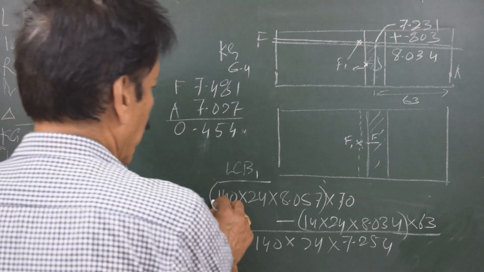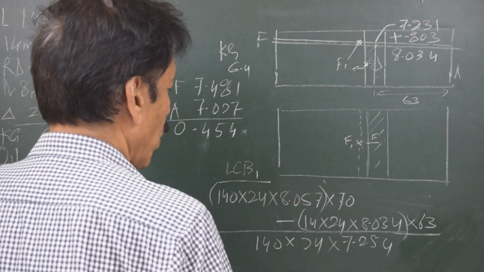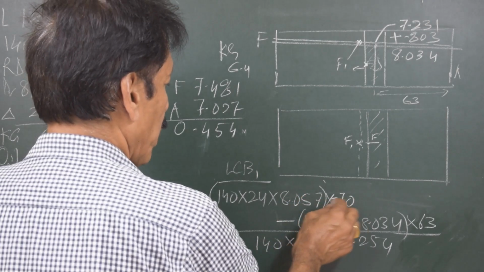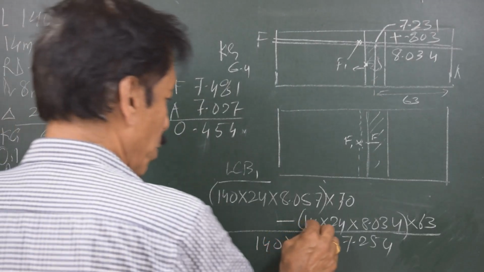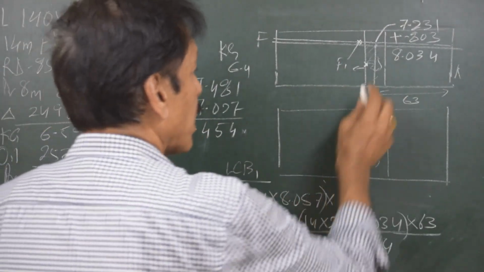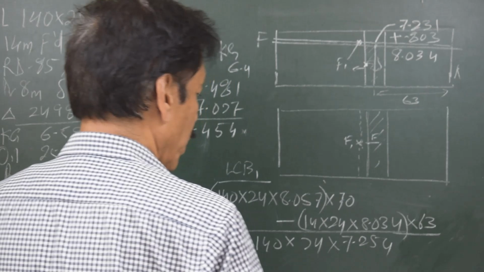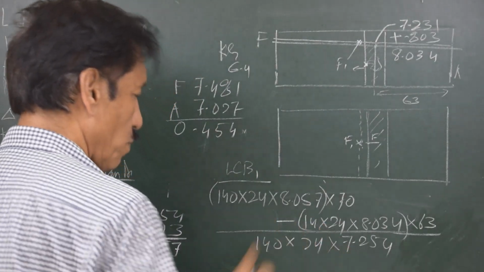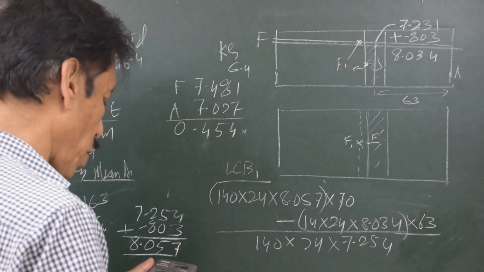So we have taken the moment of the whole underwater volume up to mean draft 8.057. That would be multiplied by 70, but we need to remove this lost or wasted underwater volume from the compartment, and the distance is 63 meters. Divide by the intact underwater volume, which has to be taken till the draft of 7.254, not the initial draft.